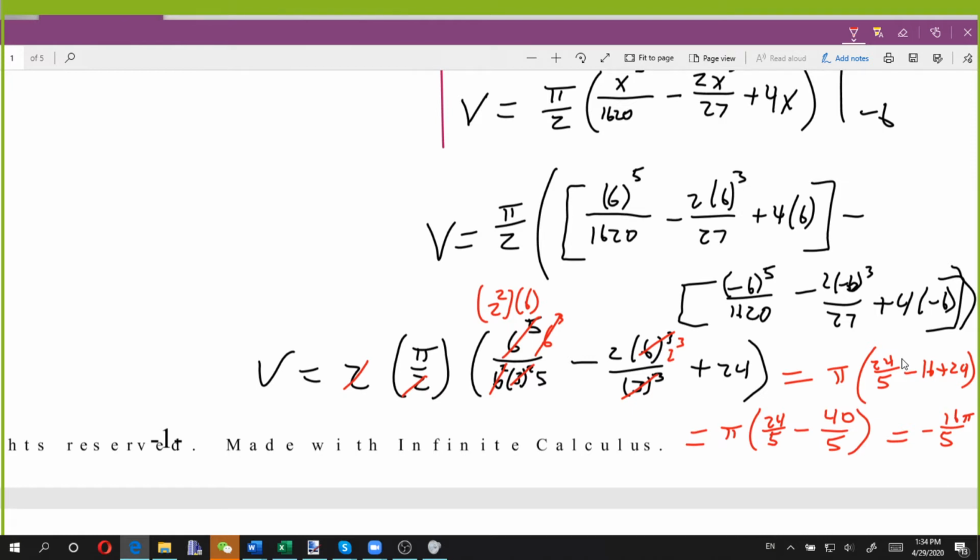Oops, wait, I'm not subtracting. I am adding. Which makes more sense. We shouldn't have a negative volume. So that is 64 pi fifths.